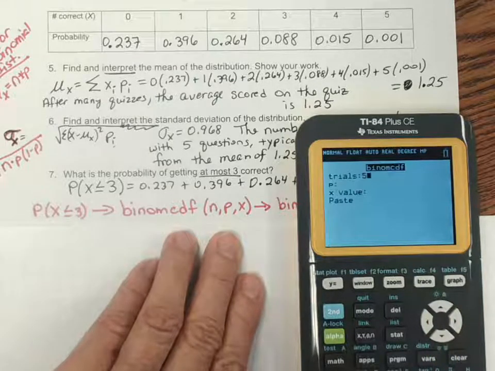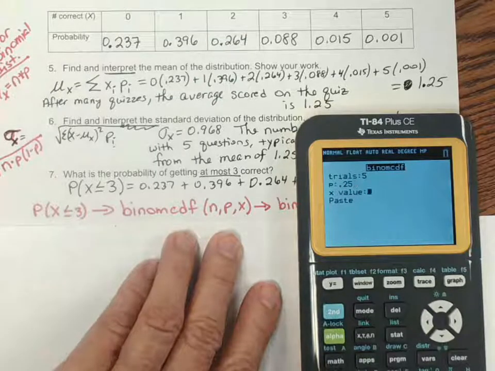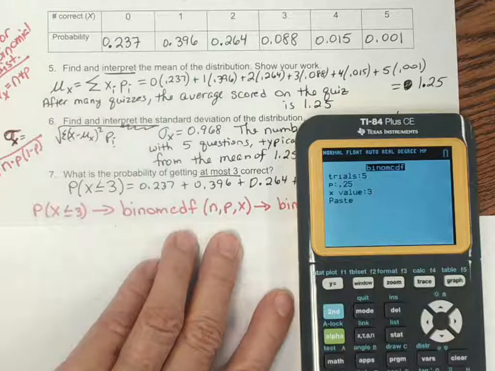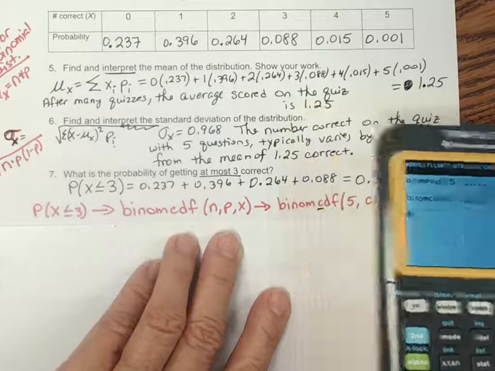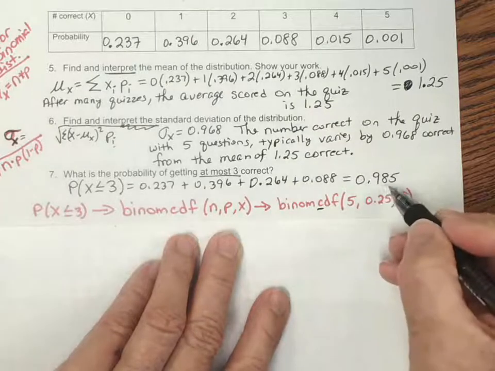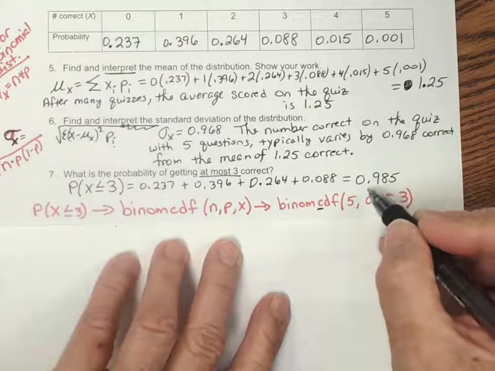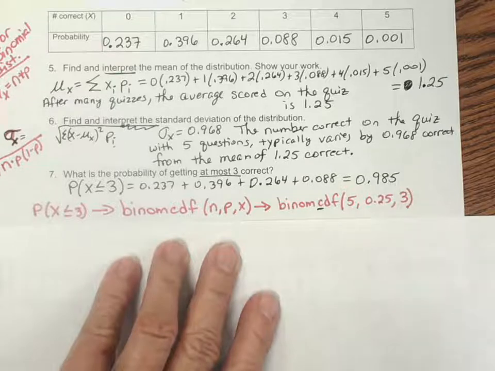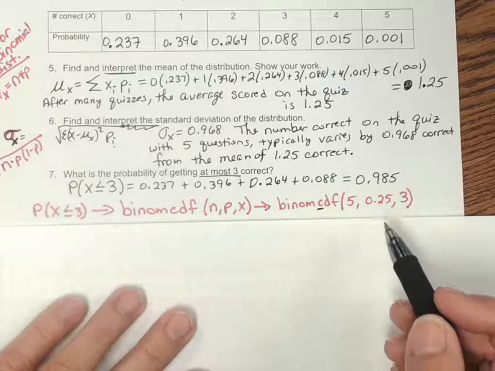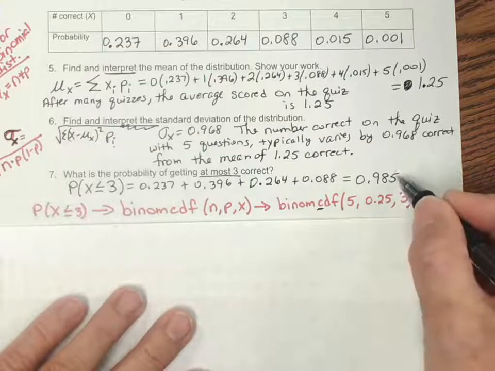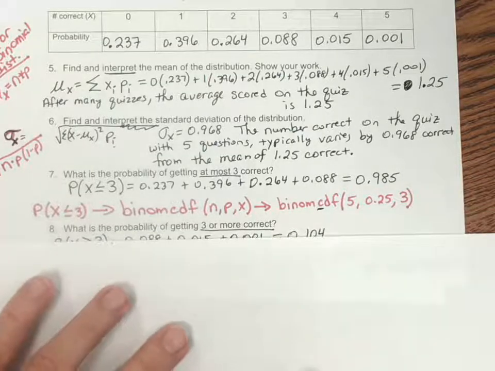Number of trials is 5. Probability of success is still 0.25, and I want to have up to and including 3 correct. And we get 0.984. We're off a tiny bit if we do it via the calculator, but these values have been rounded also. So in the hundredths or thousandths place here, that's okay. We won't worry about that.